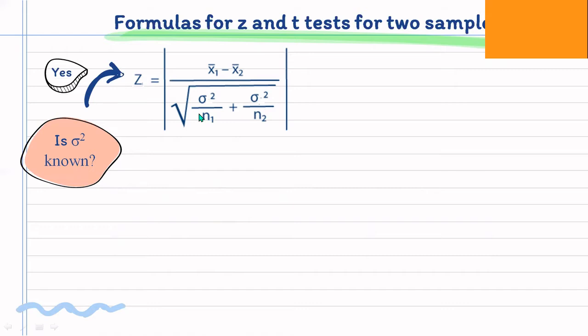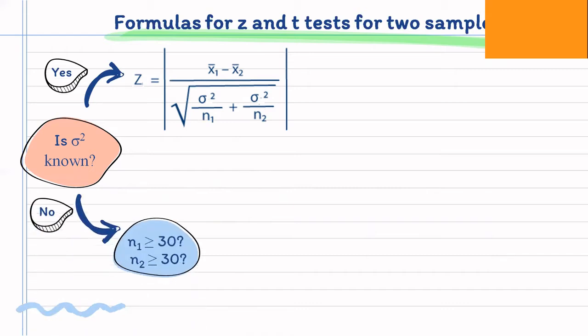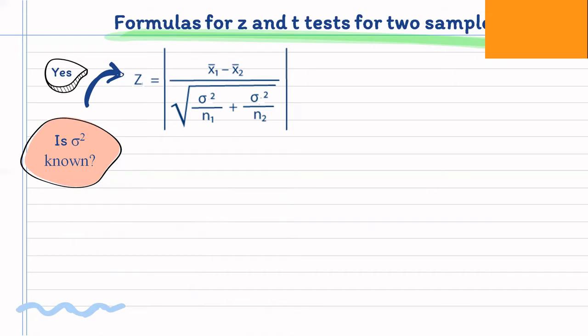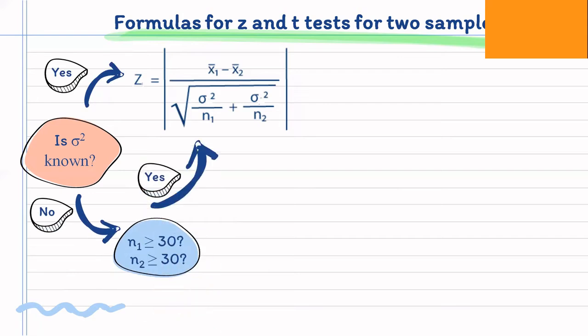And then, if the variance is not known, we have to know if the sample size is greater than or equal to 30. If both samples from the two means are greater than or equal to 30, we use the same formula.